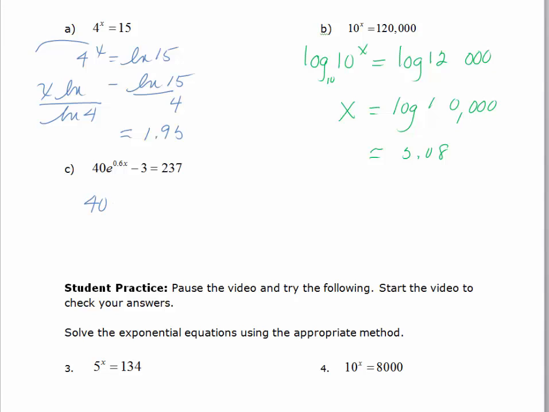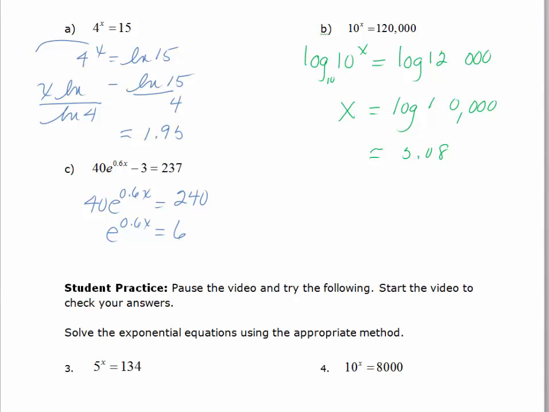I get 40e to the 0.6x is equal to 240. I want to divide each side by 40. I really just want to isolate the e to the 0.6x. So if I divide both sides by 40, I get e to the 0.6x is equal to 6.